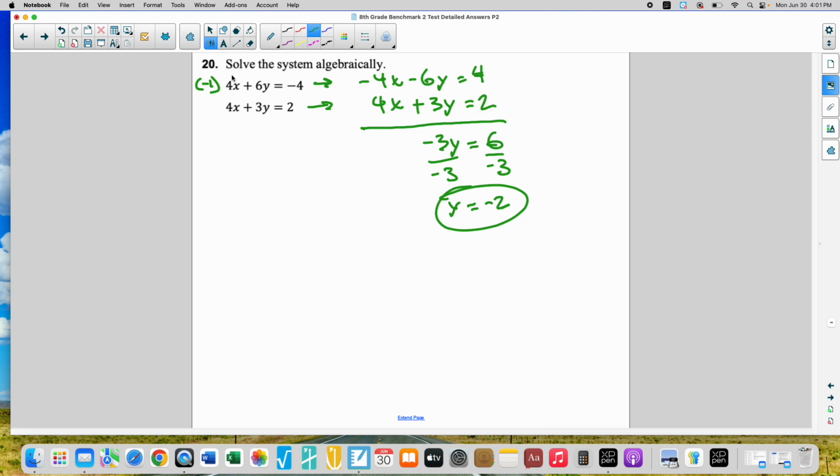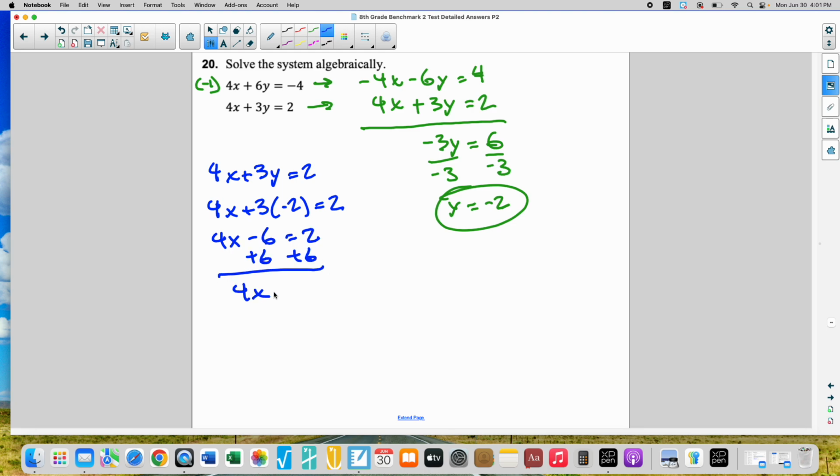And then I can pick either of these, and I can plug in that value. I'll take the lower one, and I'm going to plug in -2 for y, and that'll tell me what my x value is. 4x -6 equals 2, add 6. 4x equals 8, divide by 4, x equals 2.